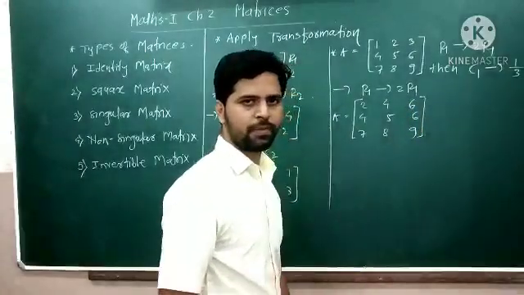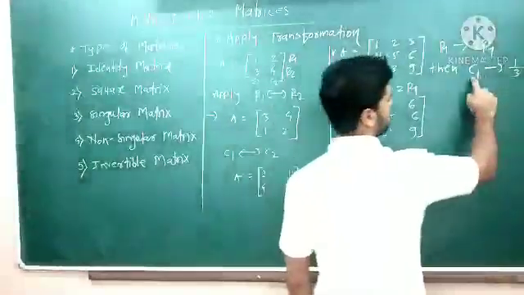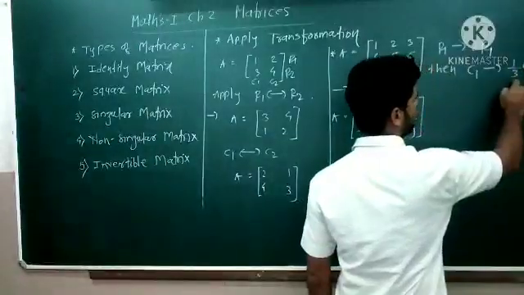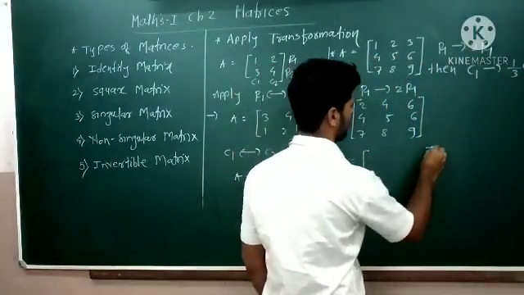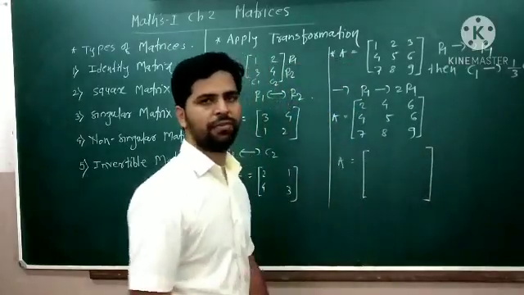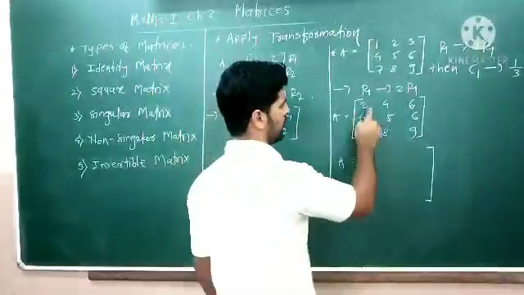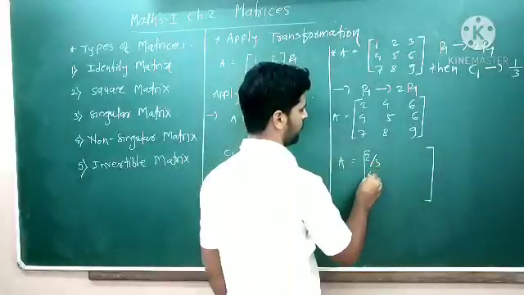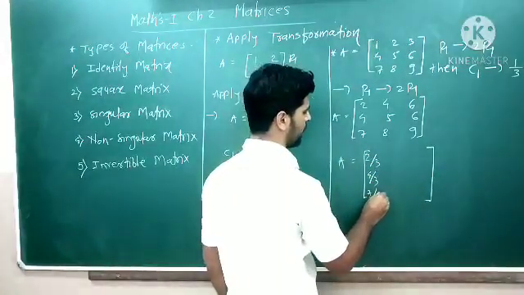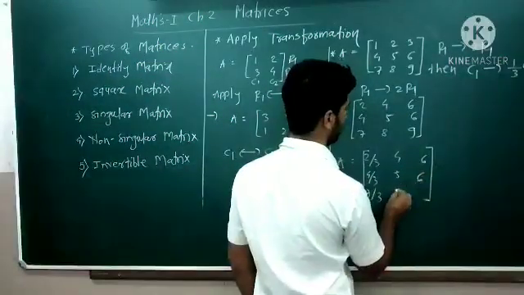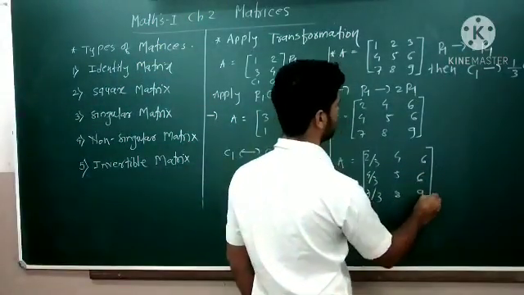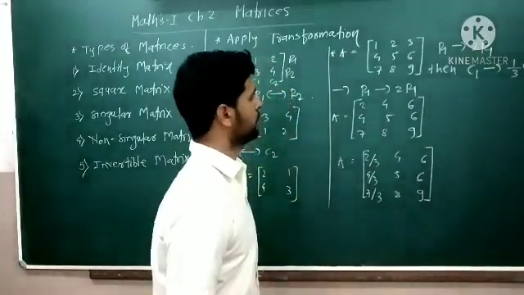Then you have to apply C1 by dividing by 3. This is your C1. So you will get 2 by 3, 4 by 3 and 7 by 3. The rest 4, 6, 5, 6, 8, 9 and 3.